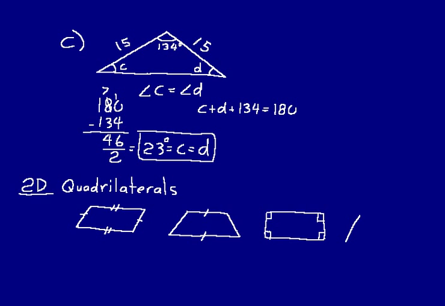That's also like a parallelogram, except all of the sides are the same length. So we represent that by one tick mark on each one. And then lastly is a square. That's like a rhombus with all the angles right angles. So that means all the sides are the same length like a rhombus. All the angles are right angles though.